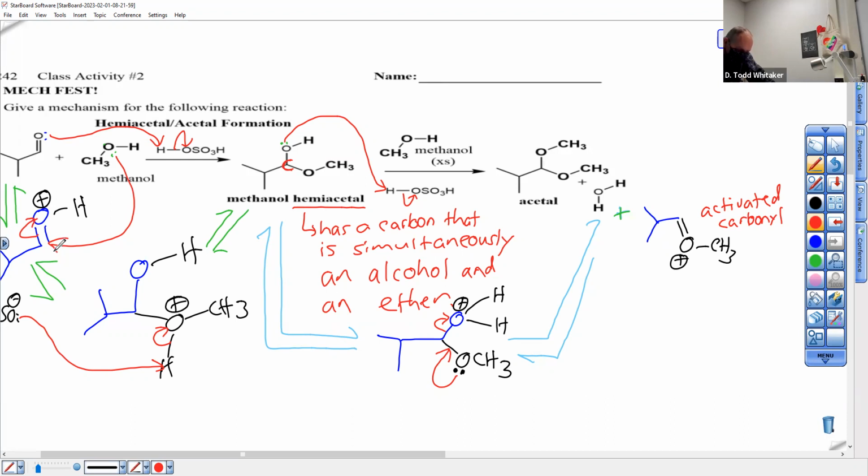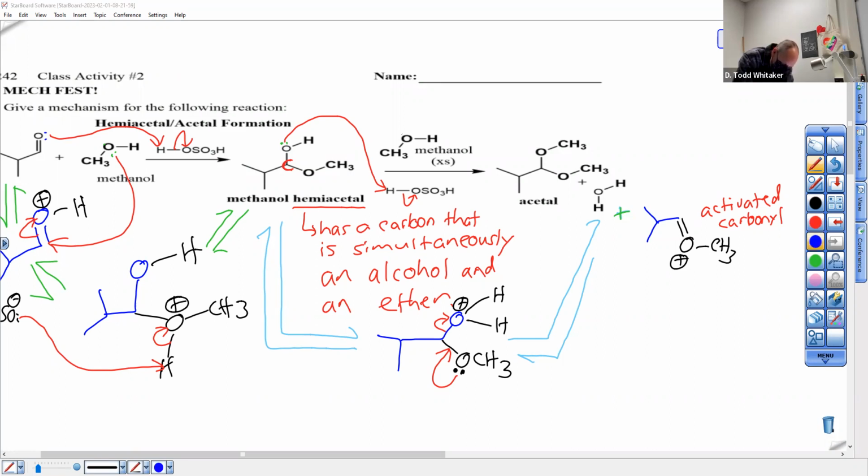Methanol attacks the activated carbonyl. And yeah, what's this symbol mean here? XS? You have a lot of methanol, excess. Methanol is going to attack the activated carbonyl. We have methanol up here.